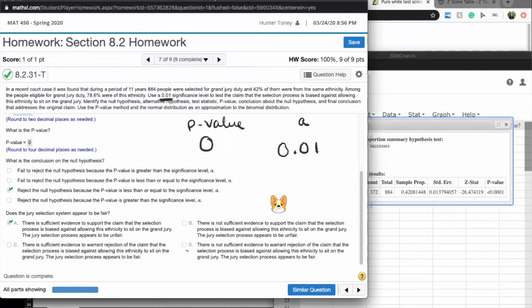So our alpha is bigger than our p-value, so we're going to reject our null hypothesis. And very clearly, if our p-value is 0, it seems that the jury selection process is unfair towards that certain ethnicity. And that should conclude number 7.